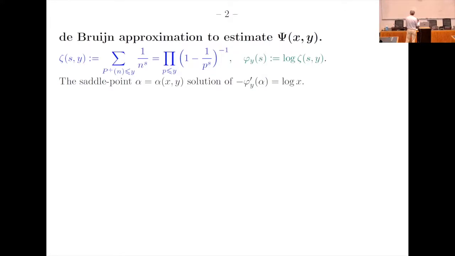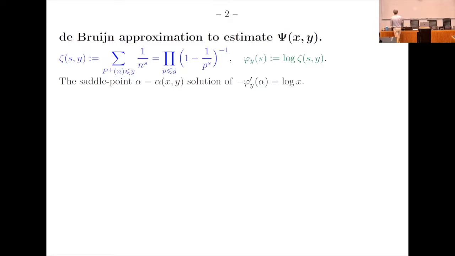The first part is an old story. The story begins with De Bruijn, who found a clever approximation of psi of x,y. If you want to use complex analysis to estimate such a cardinality, you will calculate the Dirichlet series zeta of s,y.